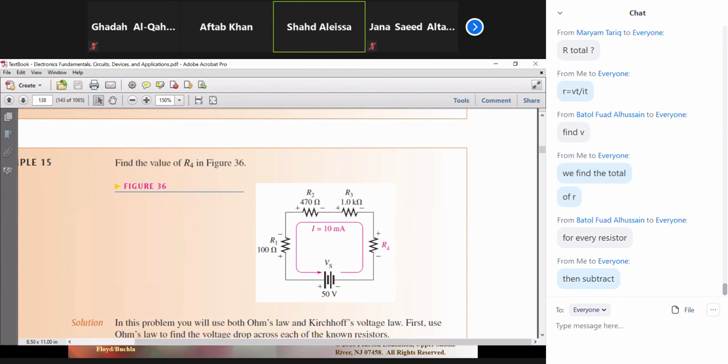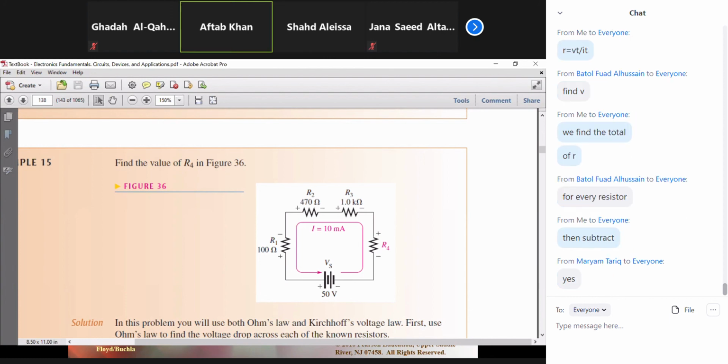I meant V over the R4 plus the sum of R1, R2 and R3, which will give us RT. No, in order to get the RT, you should know R4 also, which you don't know. It is not given.